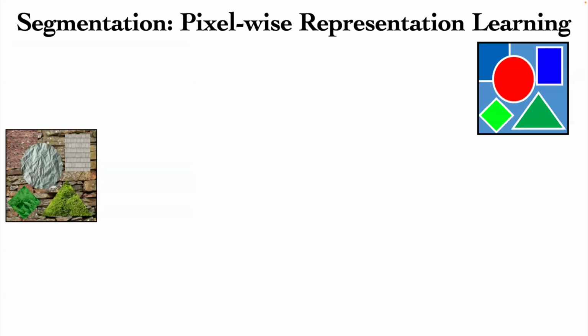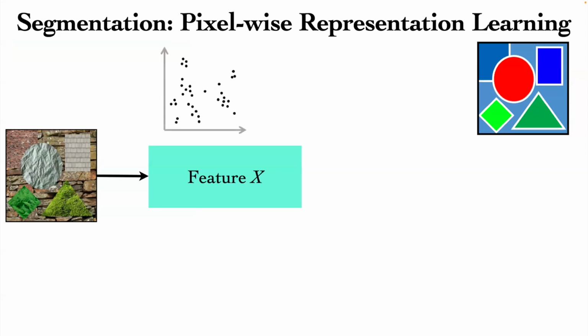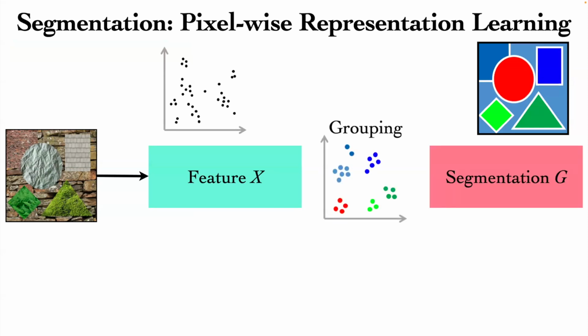So our idea is this: you have an image, and we take this as a pixelized representation learning problem. You want to have the segmentation. If I have the feature, every pixel becomes a point in the feature space. I could do grouping, and that will give me segmentation. That is a sort of co-segmentation problem, where I learn from many images.